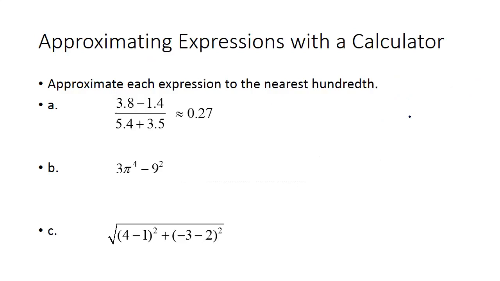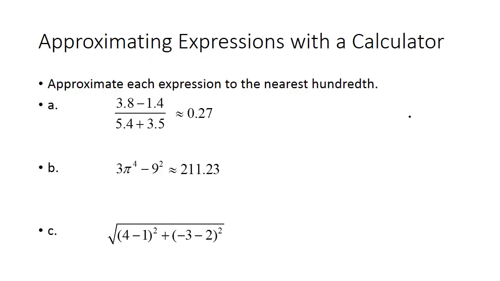At the top of the fraction, if you subtract 1.4 from 3.8, and then divide by the sum of 3.5 and 5.4, you would get 0.27. For those of you reviewing these video clips, it's a good idea to pause the session and grab your calculator if you don't have it right now, and see if you can get these results.